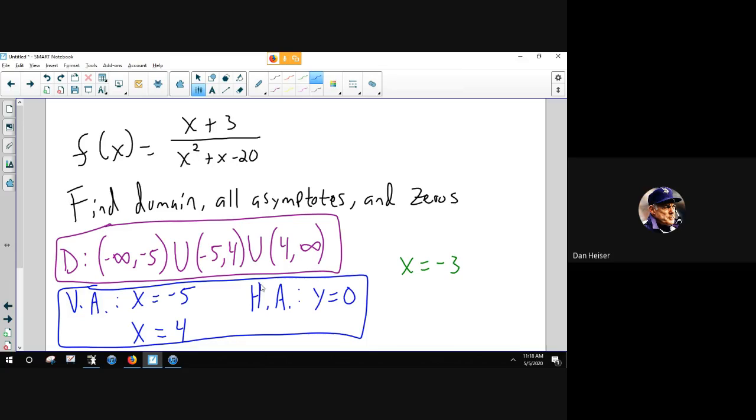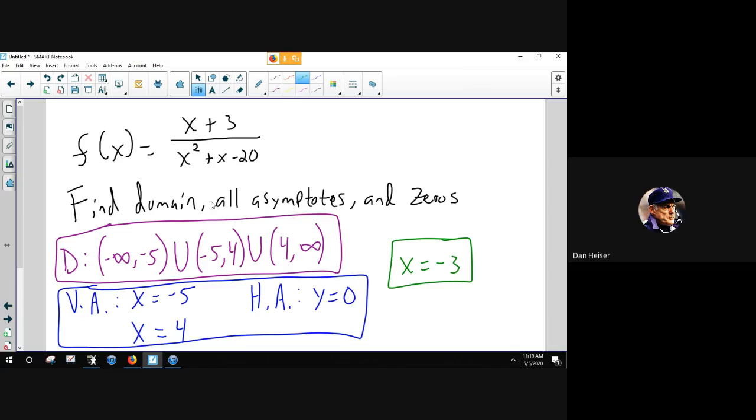That means that everything in the numerator goes to 0 as x gets really large, and our horizontal asymptote is y equals 0. Finally, setting the numerator equal to 0, we found that the zeros, or the solutions, of this function, it has 1, and that's x equals negative 3.